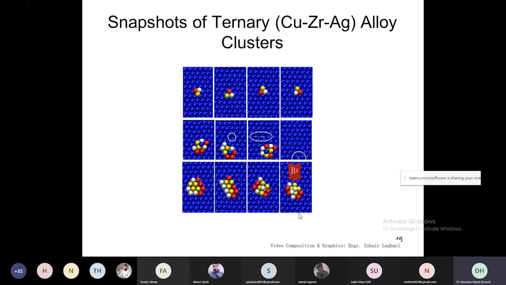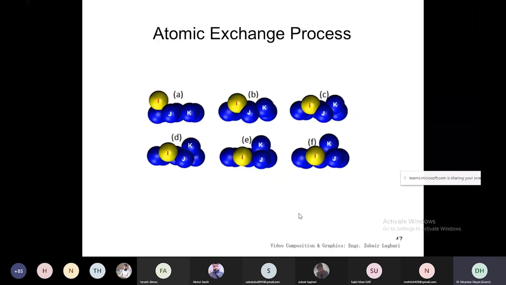Here the zirconium atom is too energetic in this one, which is a lighter one, and it's so mobile, and it becomes part of the surface, and the atomic exchange process is just represented here. These blue colored atoms are the surface atoms, while atom I, which is the surface atom, gets the position of the surface, and the surface atom K is going to pop up. This is the whole story of the atomic exchange process.